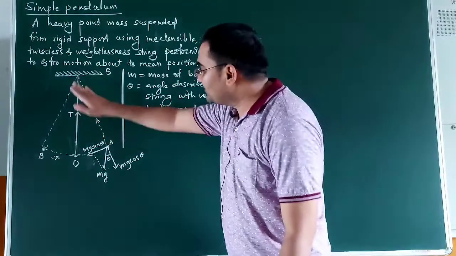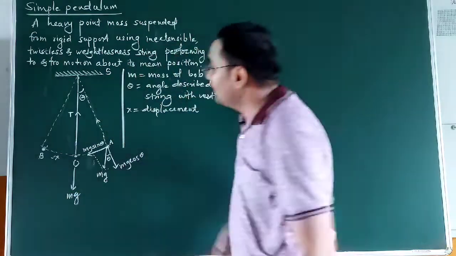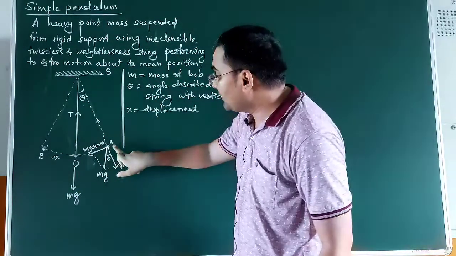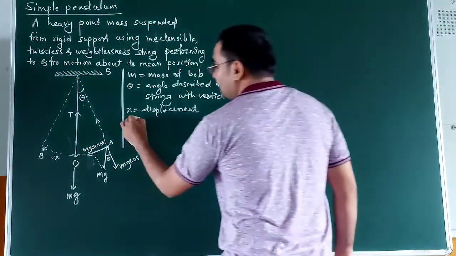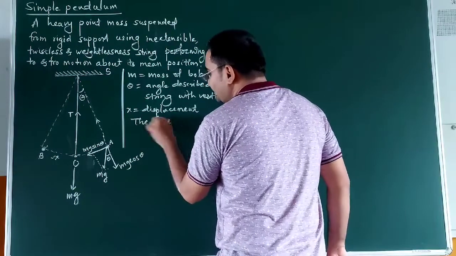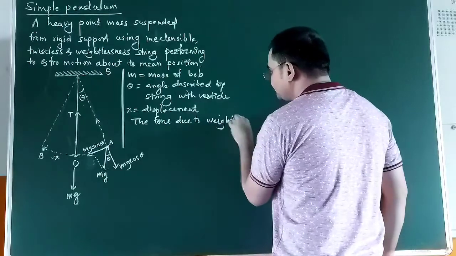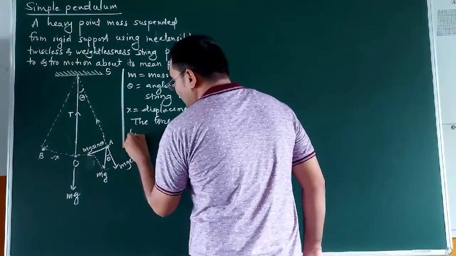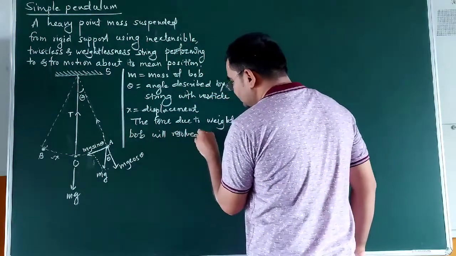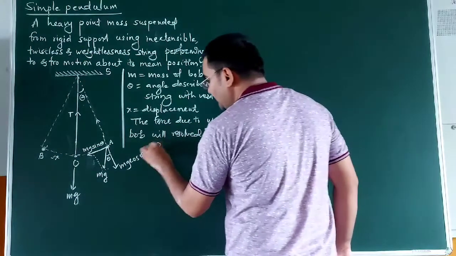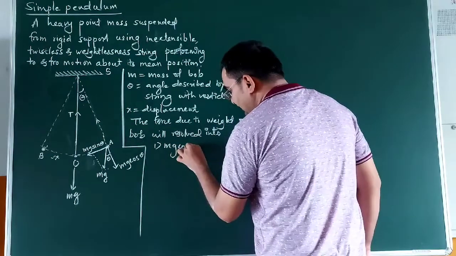When the object is at the mean position, its entire weight is directed downwards, but as it is inclined by angle theta at point A and at point B also, its weight will be resolved into two components. The force due to the weight of the bob will be resolved into, first, mg cos theta.